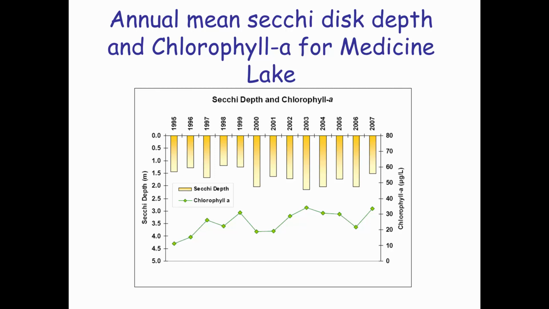The Secchi disk depth, the chlorophyll A, and total phosphorus are all used for characterizing the eutrophication status of the lake. You'll see this when you apply the BATHTUB model. I'll be providing you with information on how to come up with that eutrophication status based on these three variables.